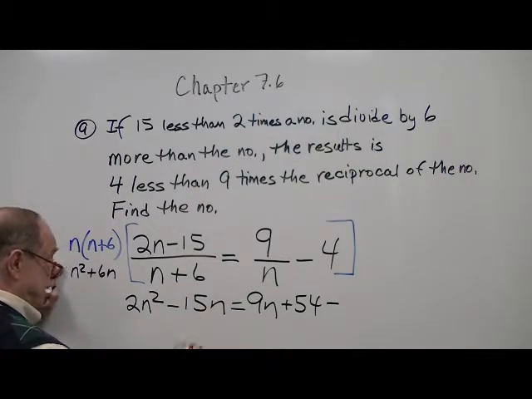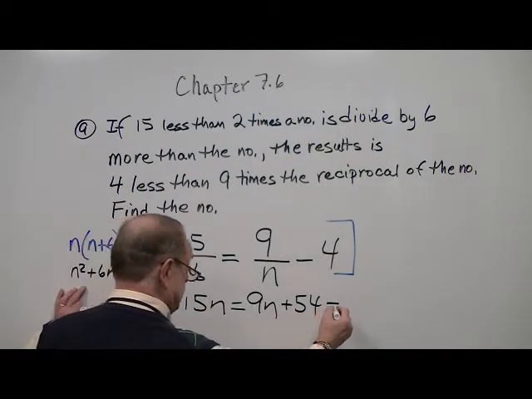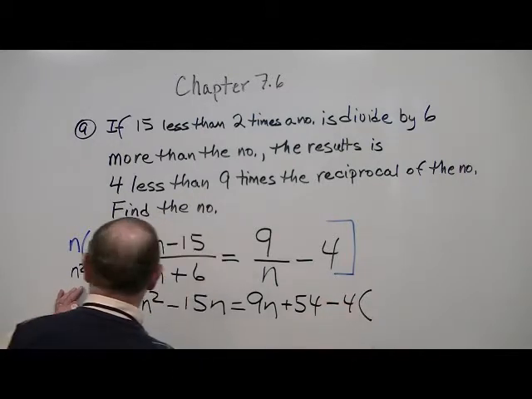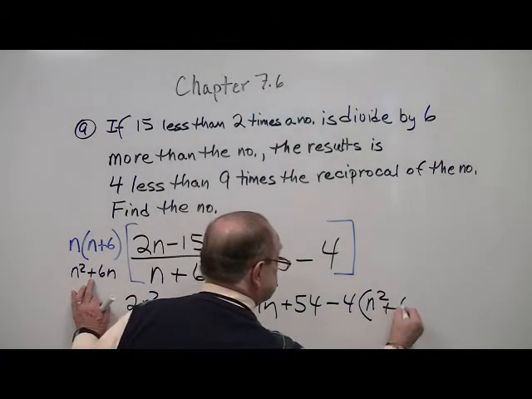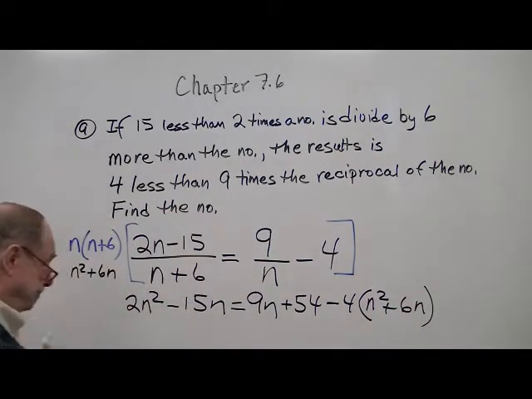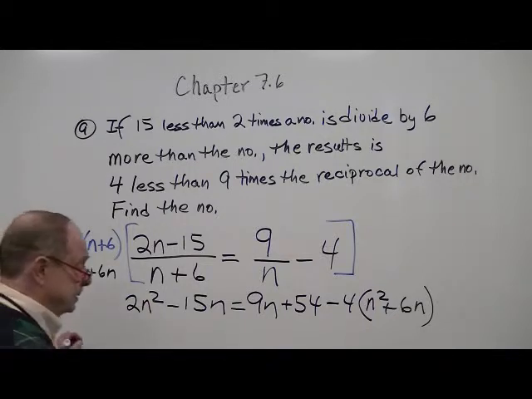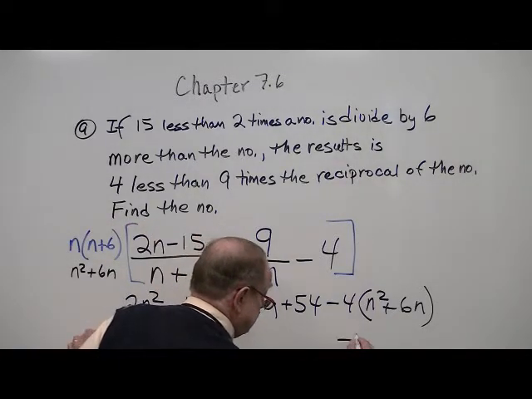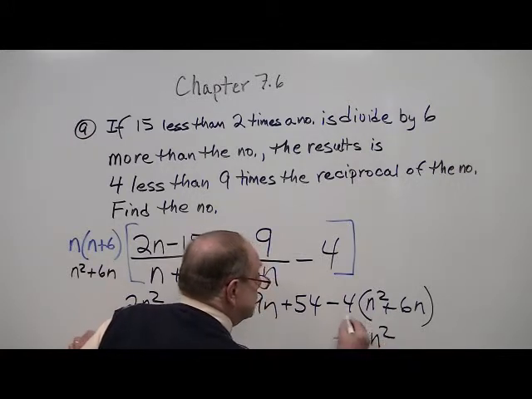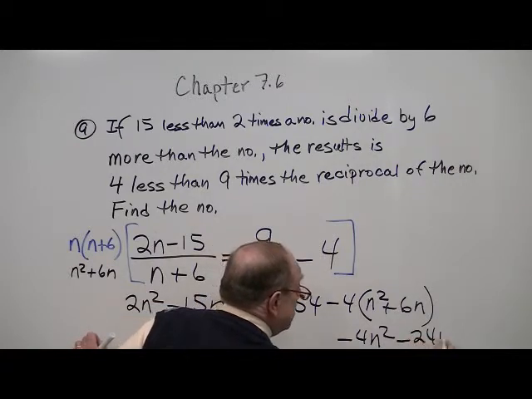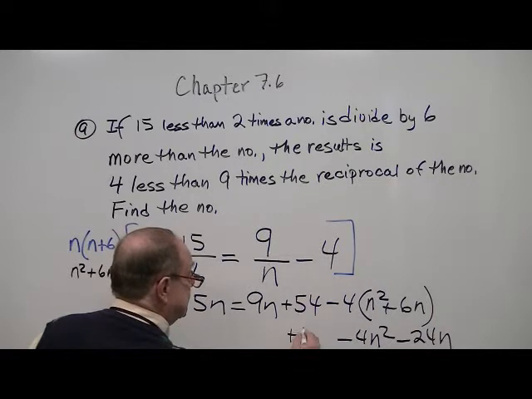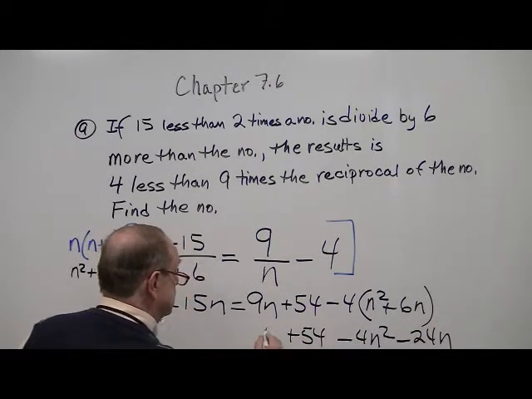So I'm going to write that out over here. There's my negative 4 times n squared plus 6n. Okay, I probably could have done it in my head, but I want to be sure I get it correct. So this over here is going to be a negative 4n squared. This is going to be a negative 24n. And then bringing down the rest of my terms here.